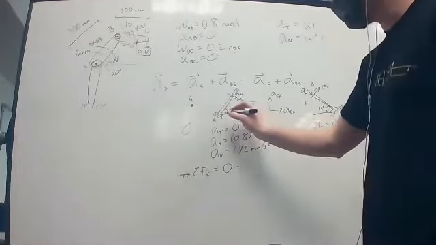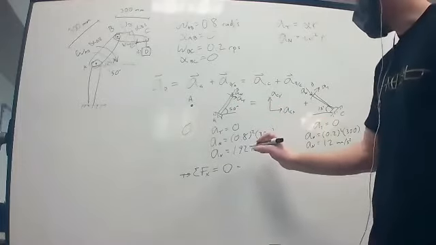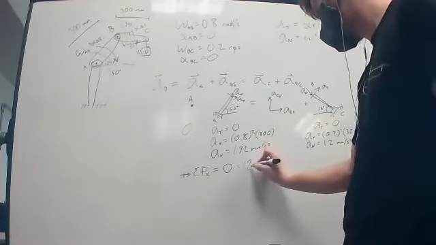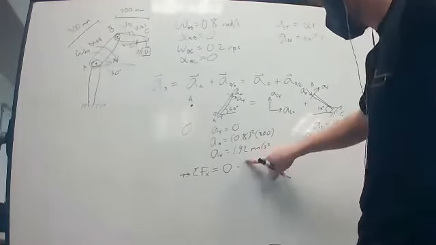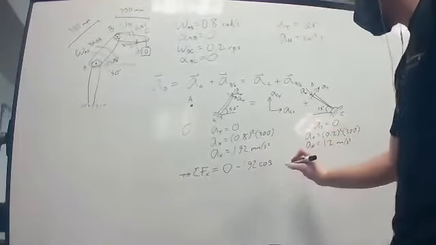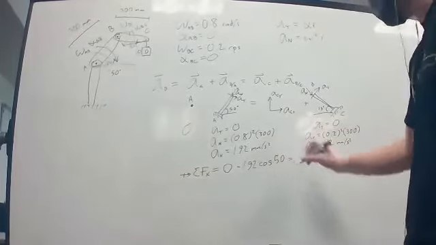Cosine of 50 would give you the horizontal piece. So we'll say the 192, equal to ACX.